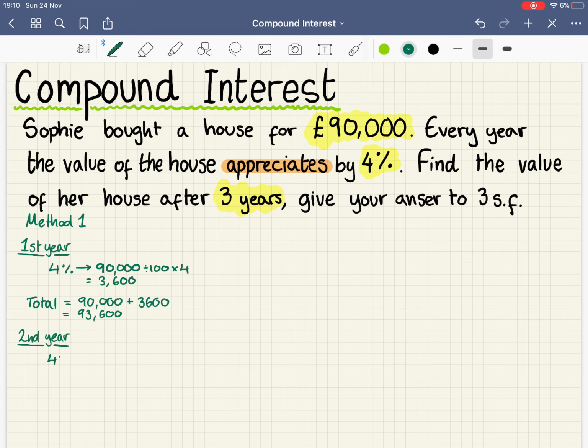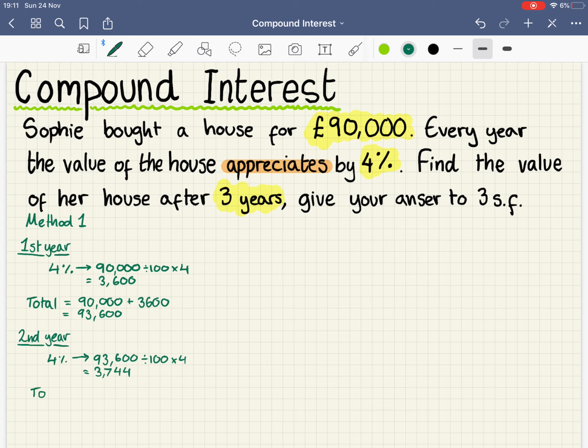Now I look at my second year, and I repeat the same thing, but this time instead of 90,000, I'm finding 4% of 93,600, which gives me 3,744.